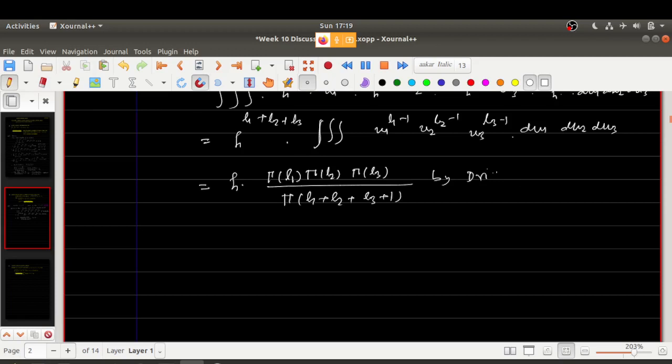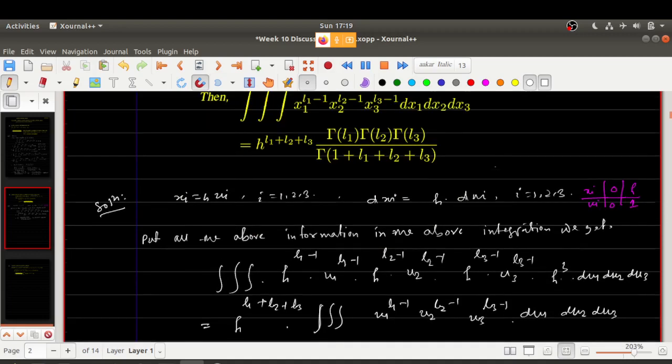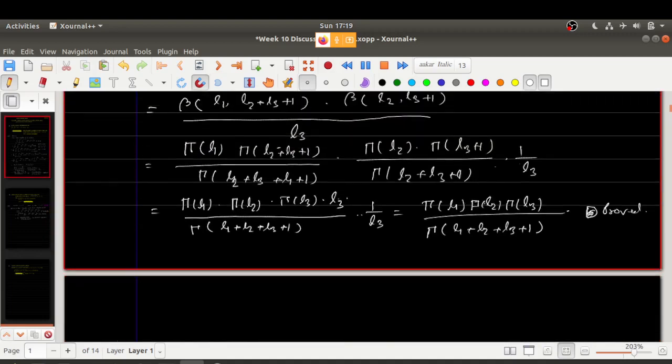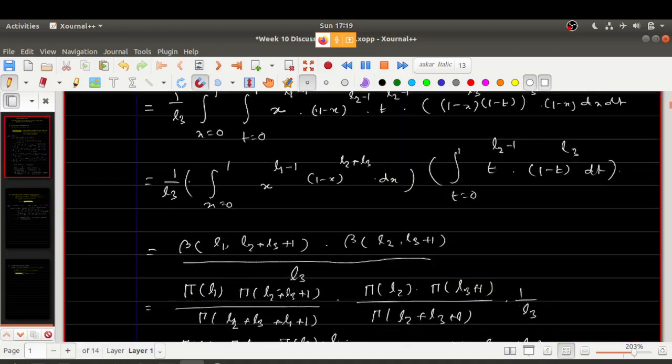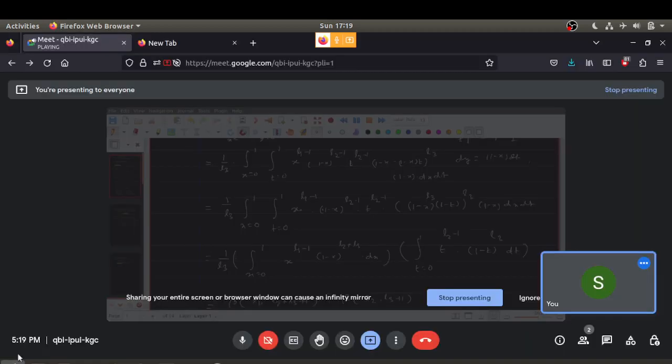This is by theorem, right? So now if you have any doubts so far, then please ask, otherwise I shall move to the next thing, that is the Liouville extension theorem for this thing.